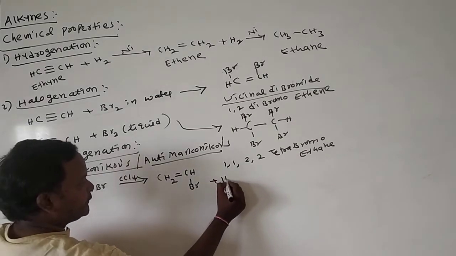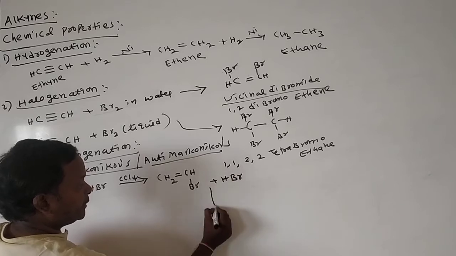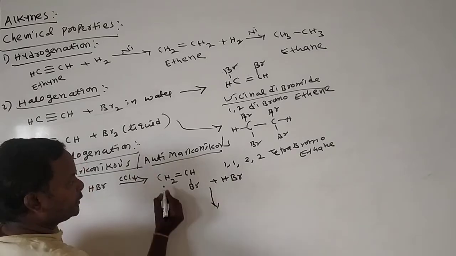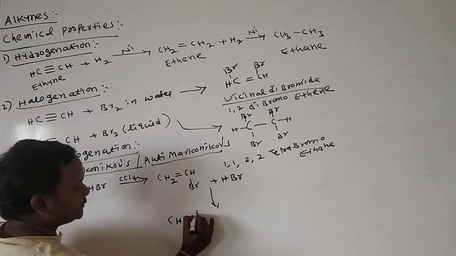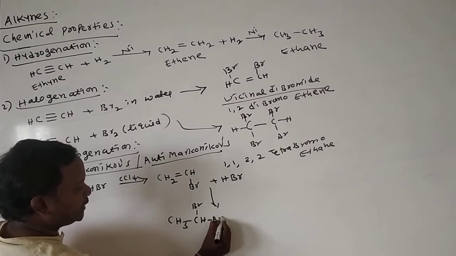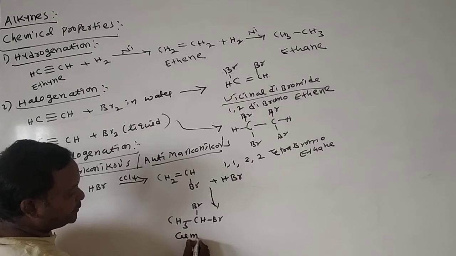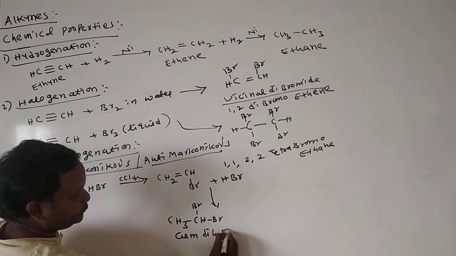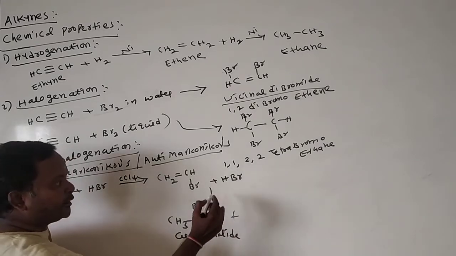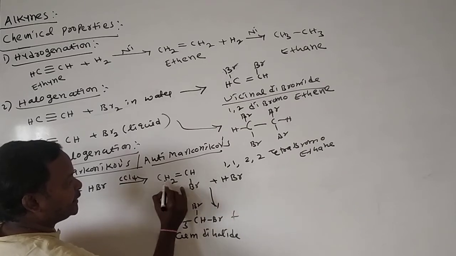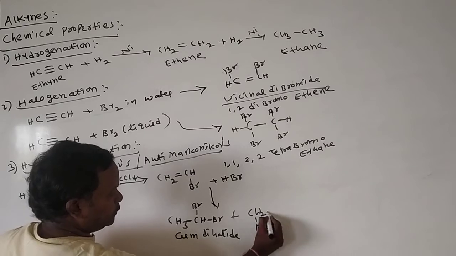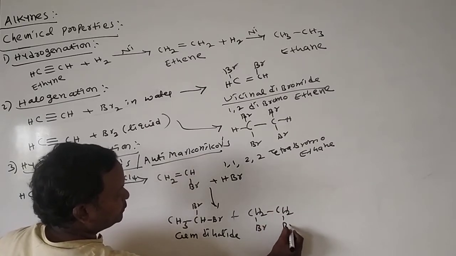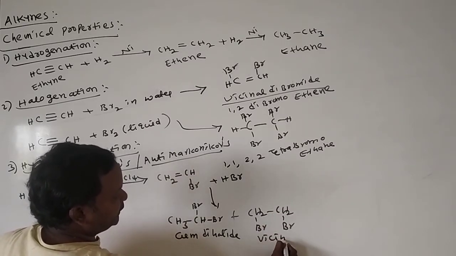Again we add HBr. Here we get two types of compounds. If H is added here, we get CH3 CHBr2, which is called a gem dihalide. One more possibility: H added here, Br added here, that means CH2Br CH2Br. This is a vicinal dihalide.